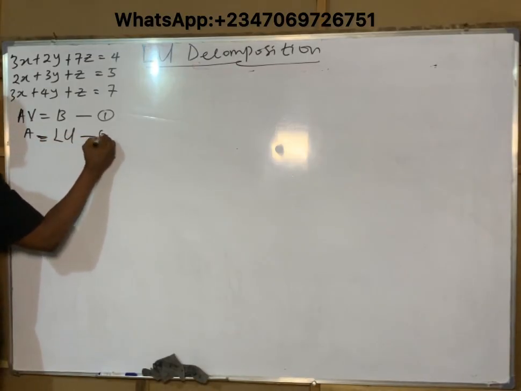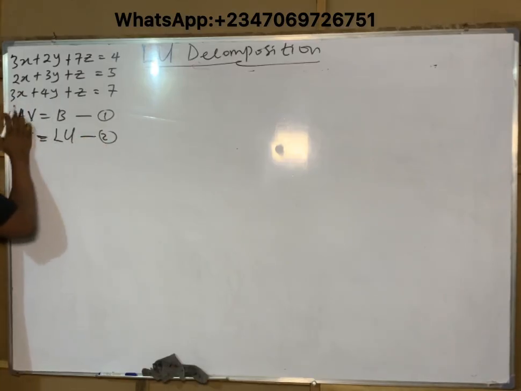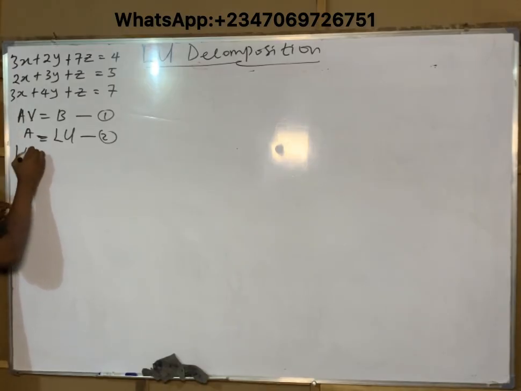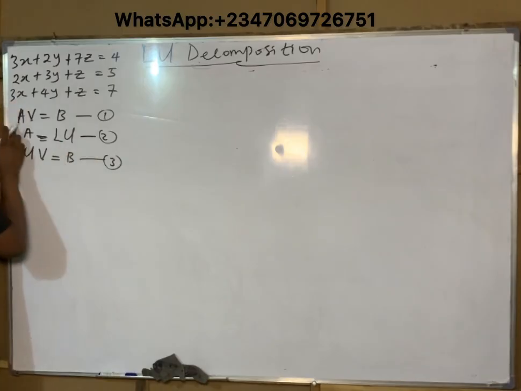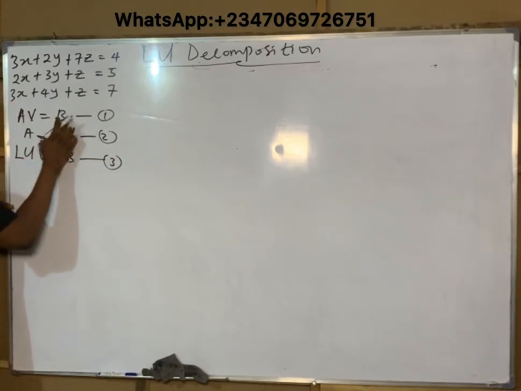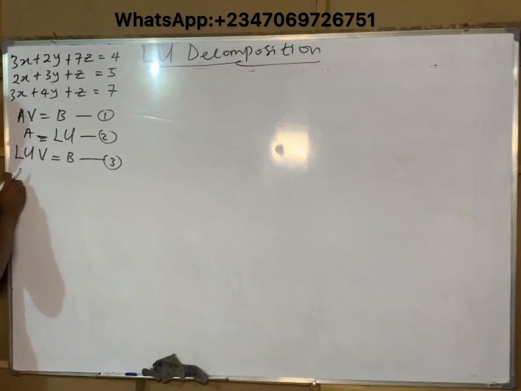That's our equation 2. Once we decompose A into a lower and upper matrix, we replace that into equation 1. In place of A, we now have the lower matrix multiplying the upper matrix multiplied by the variable matrix V, and that's equal to B. This is equation 3. Now B is the constant matrix, V is the variable matrix, and A is the coefficient matrix. Please keep that in mind.